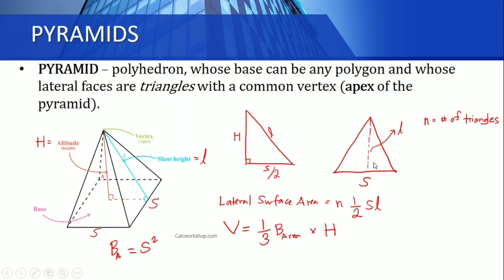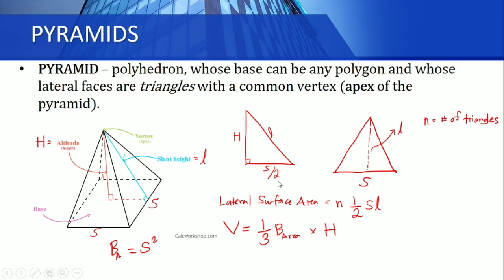So yung area ng triangle natin, di ba, is 1/2 base times height. So magiging yung height niya is yung slant height. So that will be yung small letter L, and yung base niya is yung S. So area ng triangle will be 1/2 base times height or 1/2 S times L.